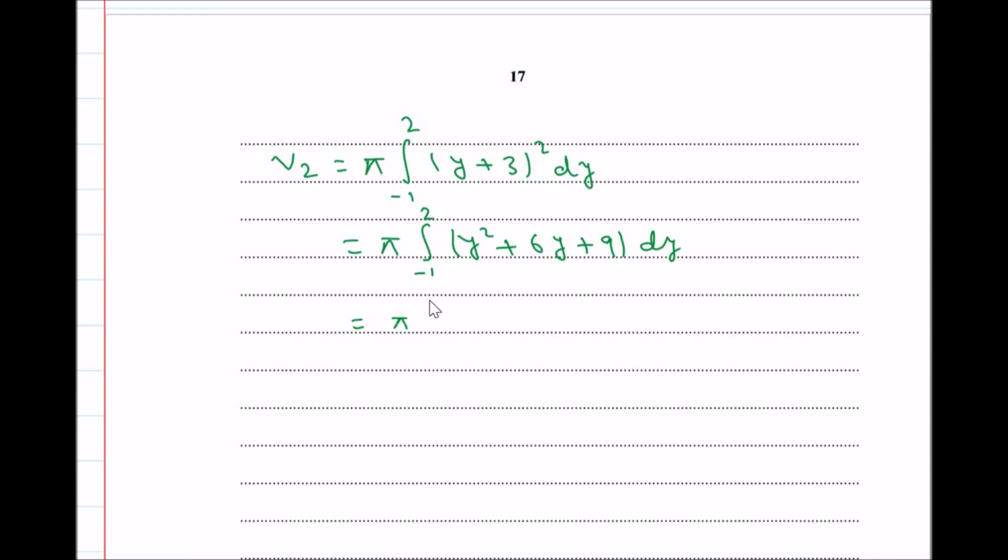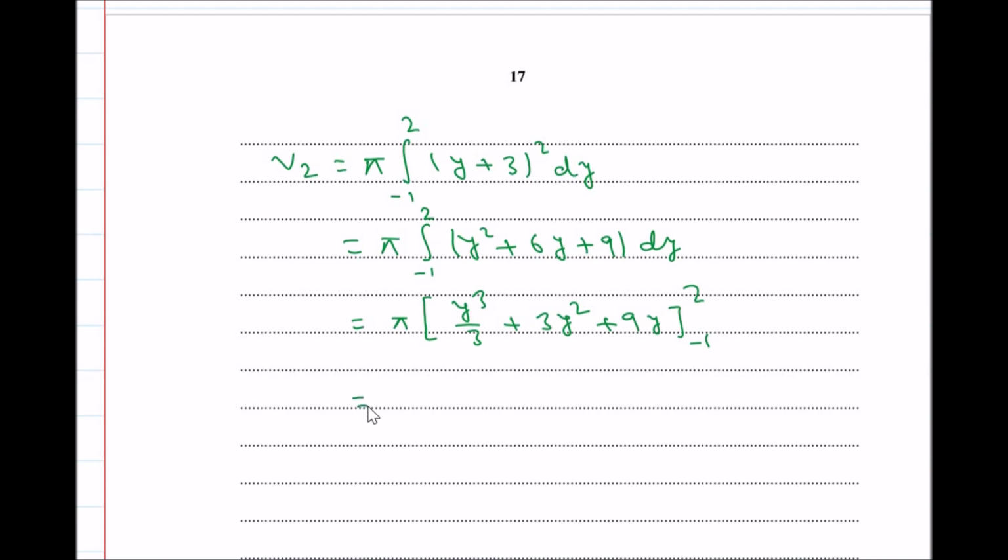Pi. Now let us integrate this. So y square becomes y cube by 3 plus 6y square by 2, that is 3y square, plus 9y, minus 1 to 2.